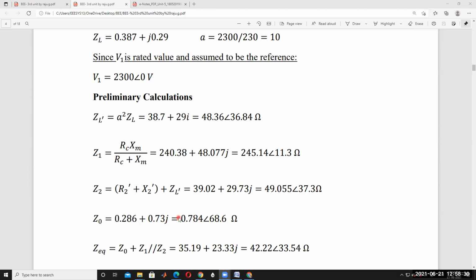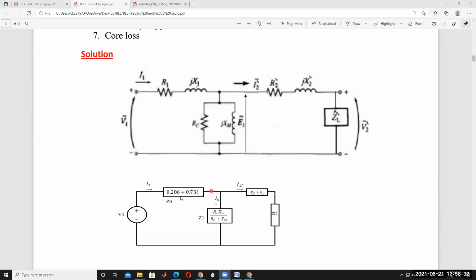And then what is the Z equivalent here? What is the total Z equivalent? How to find I1 here? V1 divided by the total Z equivalent. These two are parallel, Z1 and this one called Z2. So Z1 Z2 by Z1 plus Z2. This branch and this branch become parallel, and this is in series.